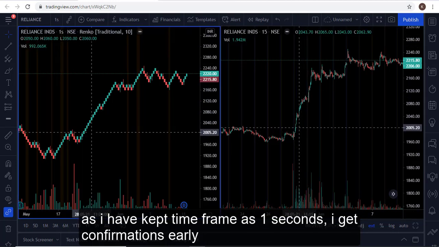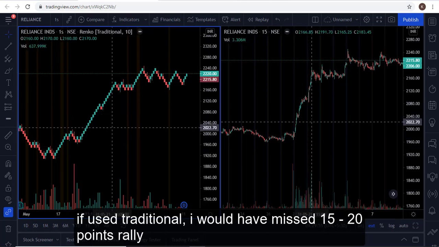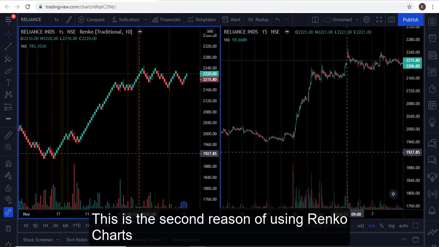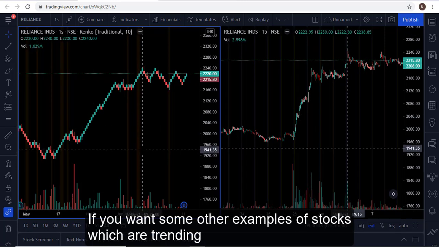So by the 2000 level I would have entered, whereas here I would have missed a 15 to 20 points rally. So this is the second reason why I use this Renko chart.